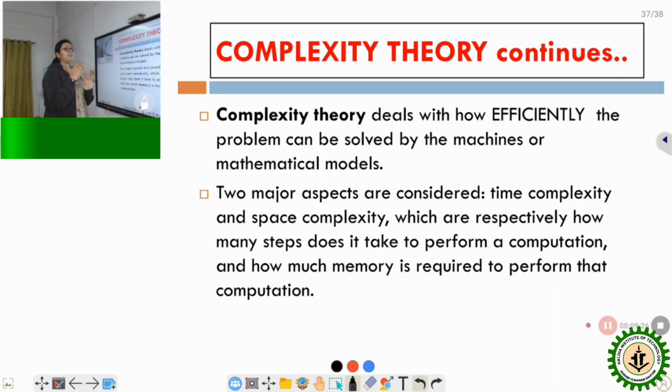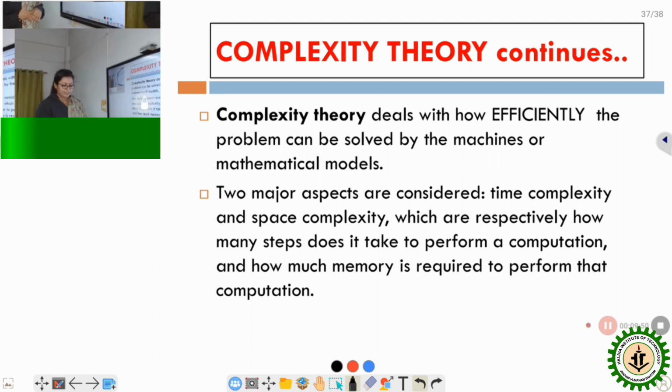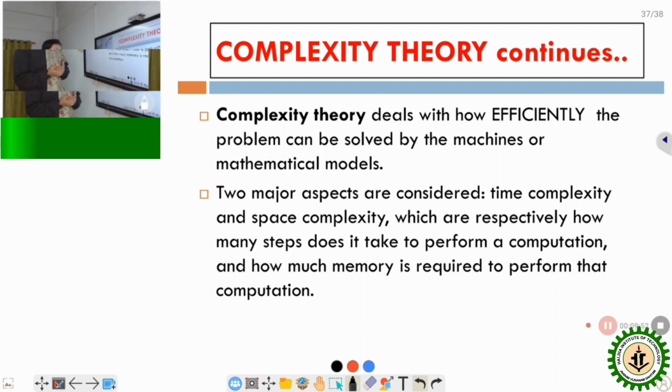I have a predetermined sequence of operations, that is my algorithm. Now, how many steps or how many iterations I need to perform to solve a particular problem is my time complexity.